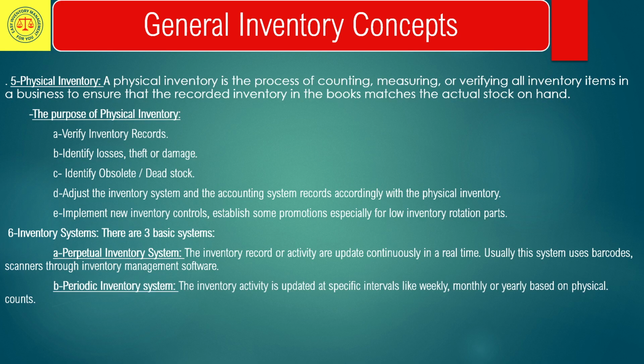Periodic inventory system. The inventory activity is updated at a specific interval like weekly, monthly, or yearly based on physical counts. I really recommend to do it, if it's possible, weekly, but not later than monthly, because you need to make corrections during the year.